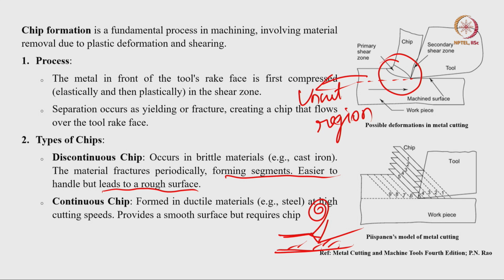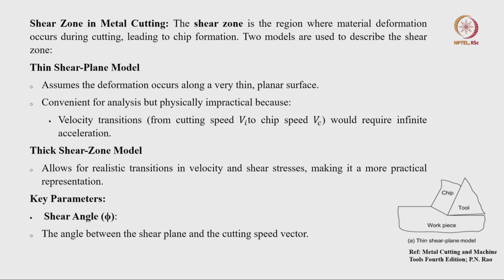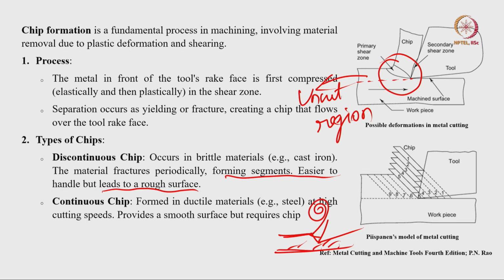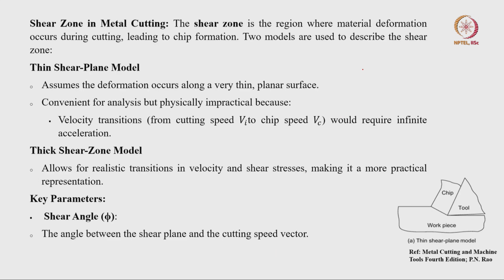That is why in machining of ductile materials where continuous chips are generated, chip breakers are essential tools that have to be present. Now, shear zone in metal cutting. As I already showed, this is the primary shear zone and this is the secondary shear zone. These two shear zones generally form in case of metal cutting.